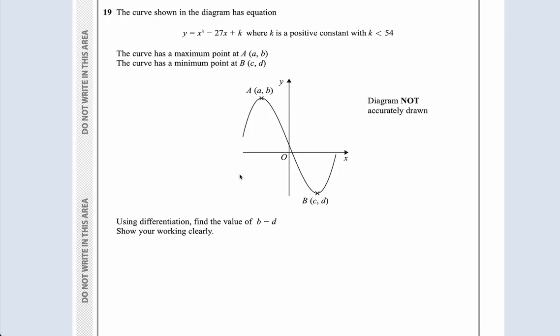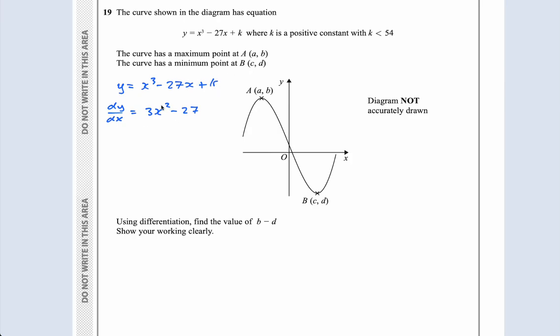Firstly, he wants us to use differentiation. I'll just do it here, guys, so I have space, but obviously you will do it here. So y is equal to x cubed minus 27x plus k. The derivative, dy dx, is equal to multiply by the power, subtract 1 from the power, 3x squared minus 27, and the x disappears, and the k disappears.